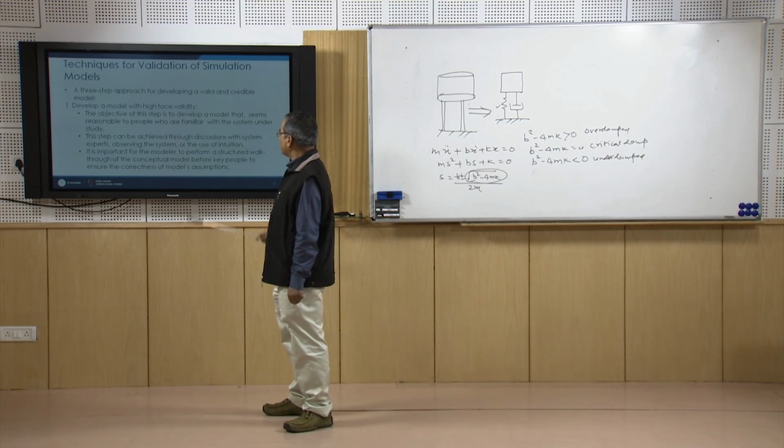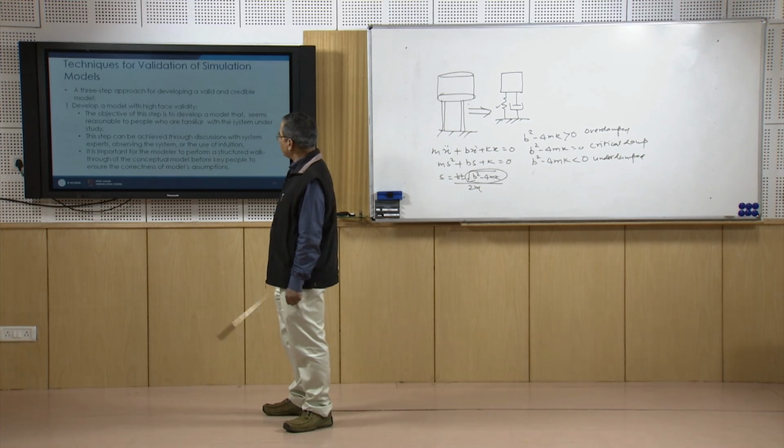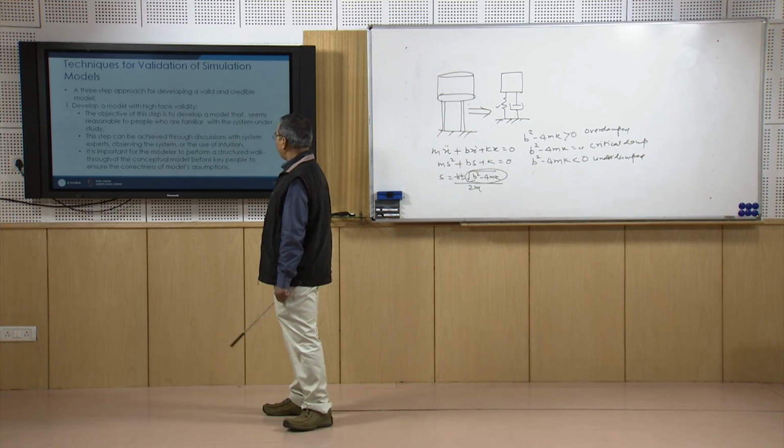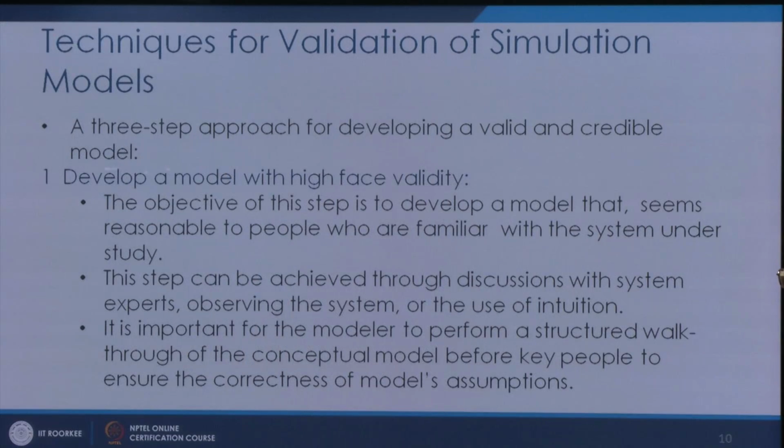So, this can be discussed with the system experts, and by observing the system or the use of intuition. It is important for the modeler to perform a structured walkthrough of the conceptual model before people to ensure the correctness of the model assumptions.